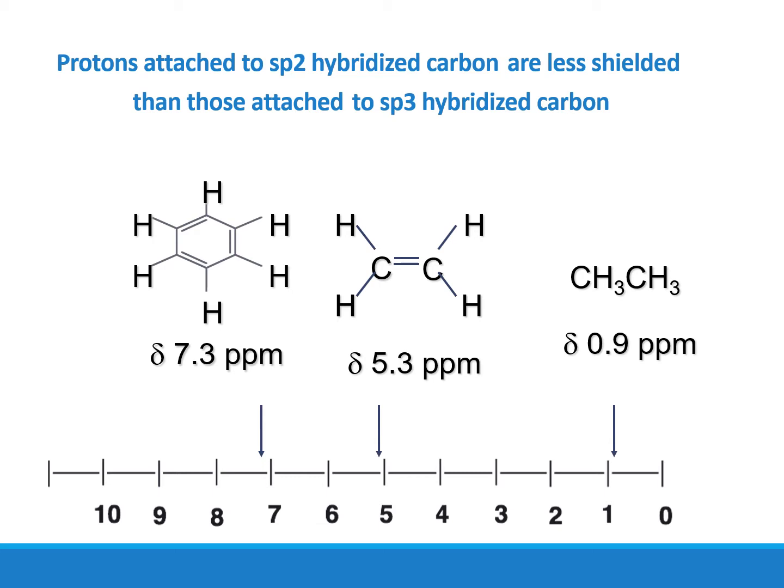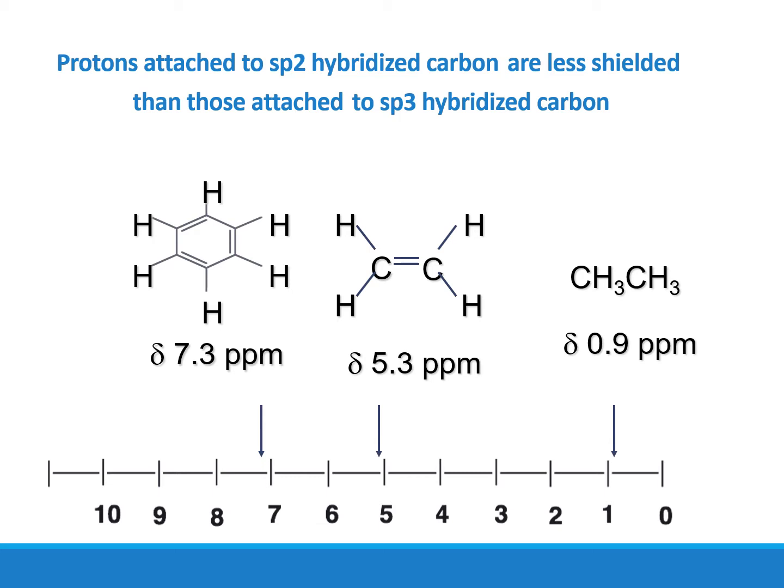Similarly, here also, protons attached to sp2 hybridized carbon are more deshielded than those of the sp3 carbon atoms, because protons that are attached to sp2 hybridized carbon face magnetic interaction with the delocalized electrons in the structure, and they will be more deshielded.